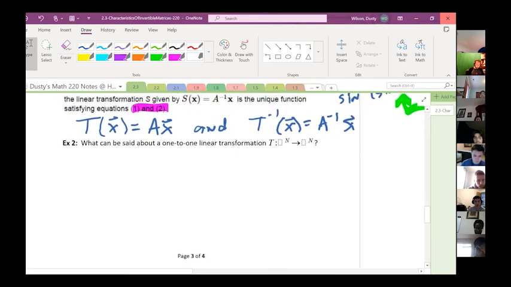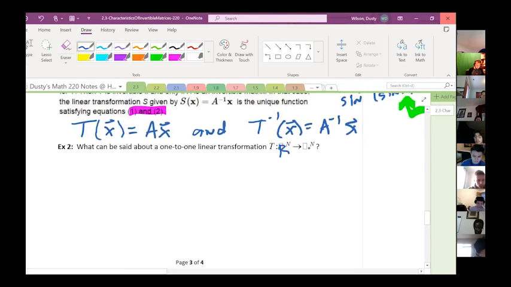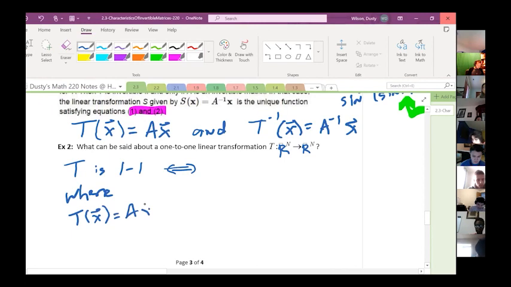So let's go back to these equivalent statements for a moment. What can be said about a one-to-one linear transformation T going from Rn to Rn? So we have that T is one-to-one, where T of x equals Ax.